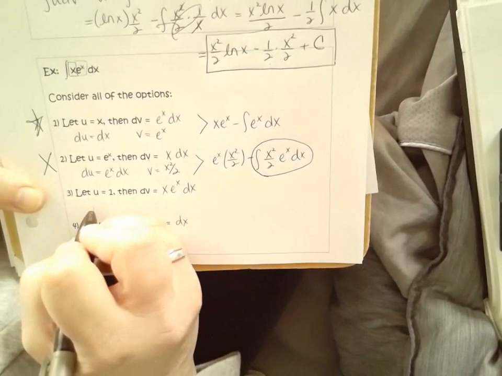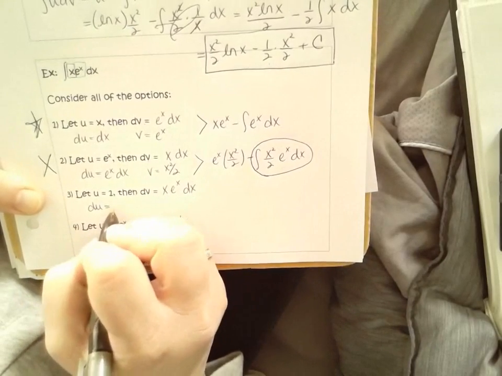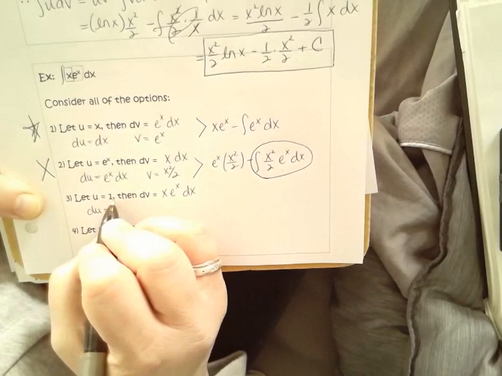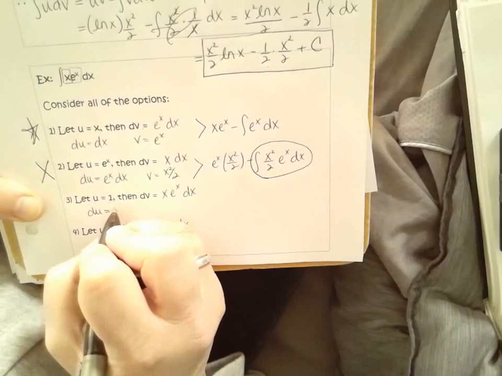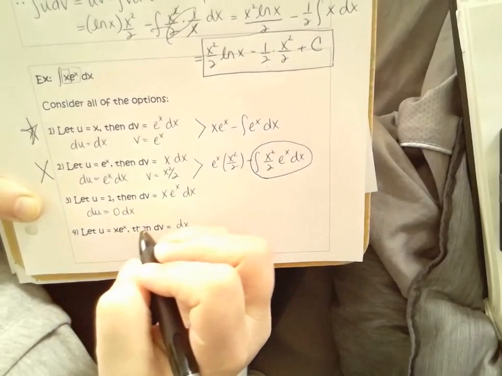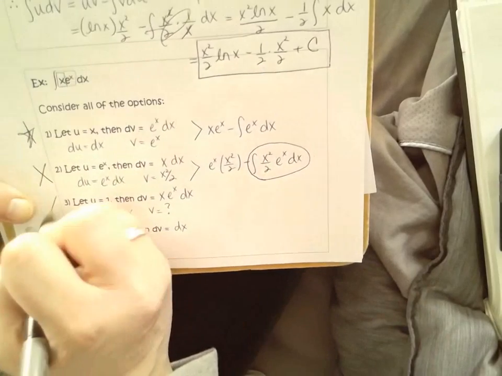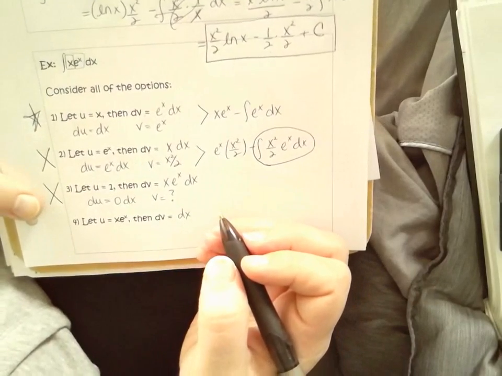If u was 1, then du would be, well, what's the derivative of 1? It would just be 0, right? And v would be the integral of this, which I don't know right from the beginning. So again, bad choice.